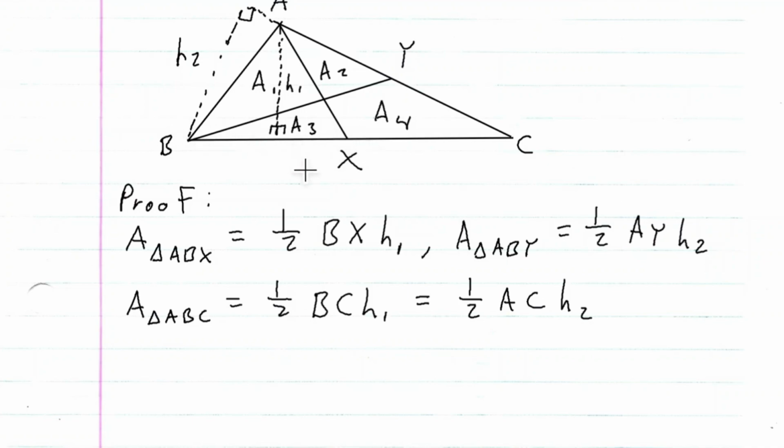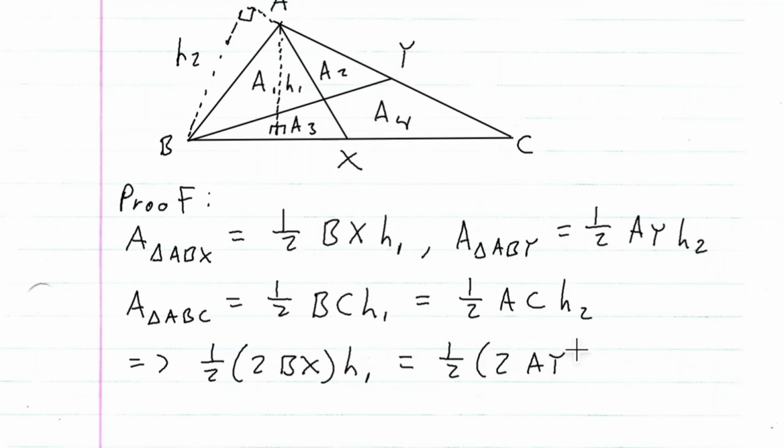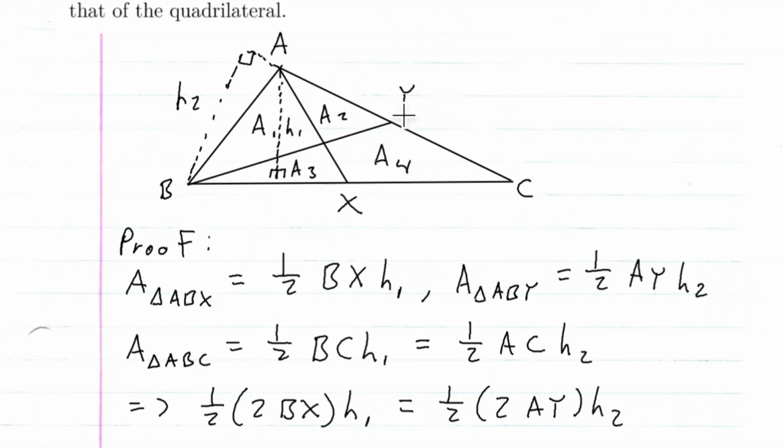We know that AX is the median, so X is the midpoint, meaning that BX is equal to XC. So instead of writing BC, I can write 2BX, and instead of writing AC, I can write 2AY, since BY is the median of AC and AX is the median of BC.